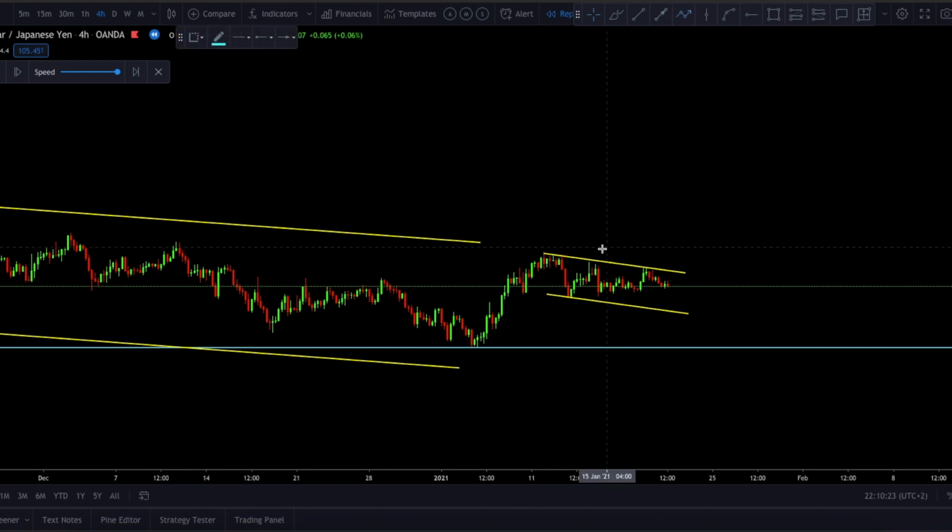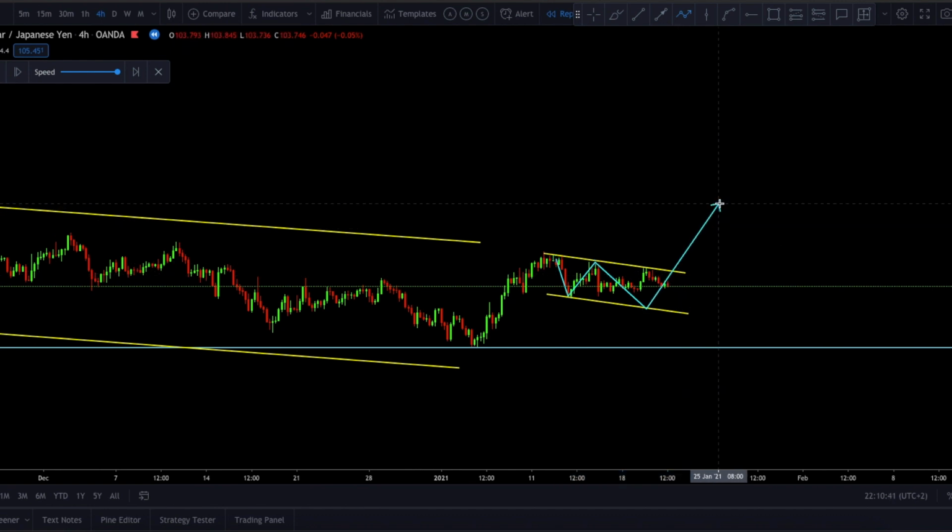So now look at this. We are getting a correction. It's bouncing within this line. It might come here before it goes up, but it doesn't have to come exactly to this point.